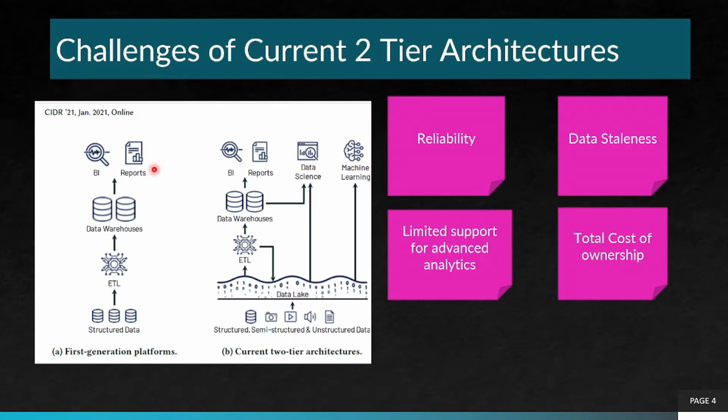The data warehouse had limited support for advanced analytics, and obviously the total cost of ownership increased due to maintaining the data warehouse and the data lake. So this is the data lake architecture, which is prevalent in most cases, and we see the challenges.